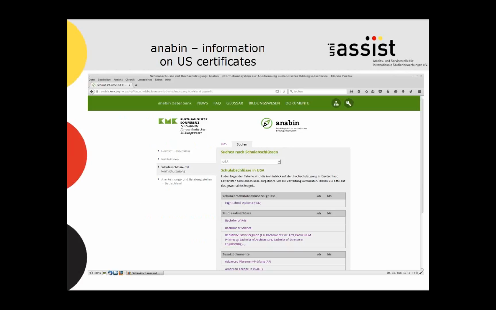So this is how the homepage of ANABIN looks like, and you can see above it's US mentioned, and then you have high school diploma, bachelor, and when you click on it, you can see further information.